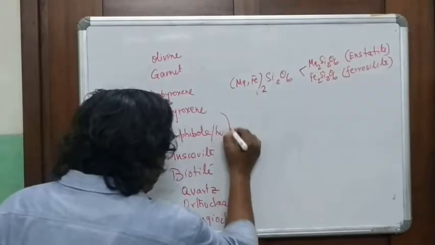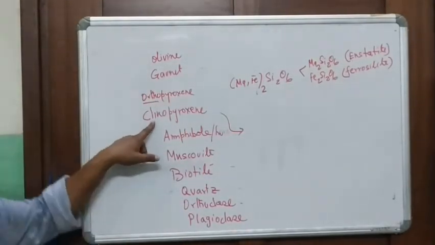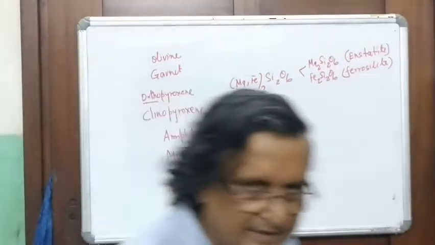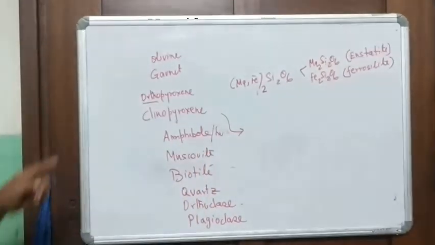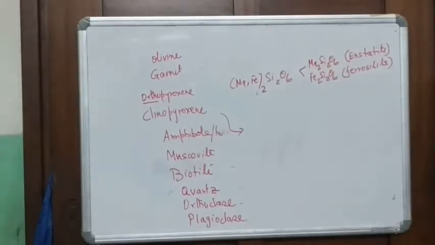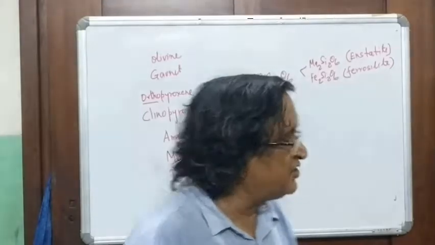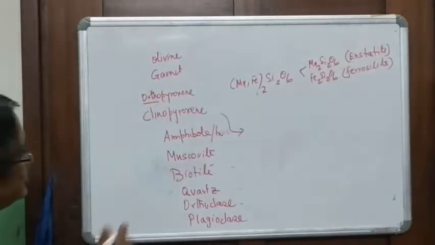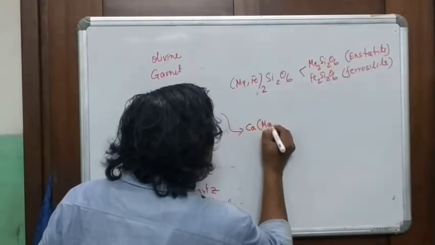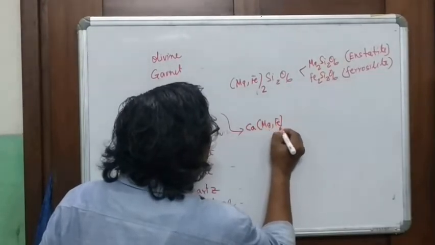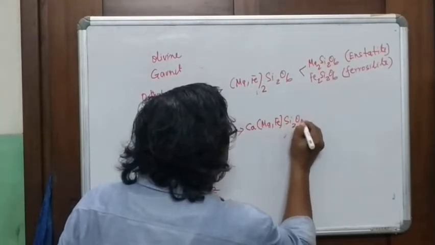If you take clinopyroxene, I will discuss it in the same way. Clino stands for monoclinic. It crystallizes in the monoclinic crystallographic system, and the formula is Ca(Mg,Fe)Si2O6.